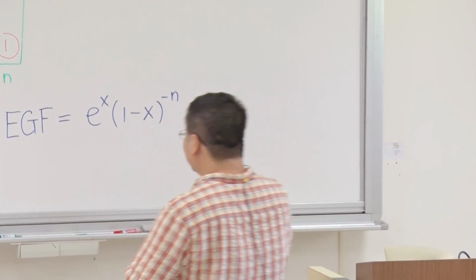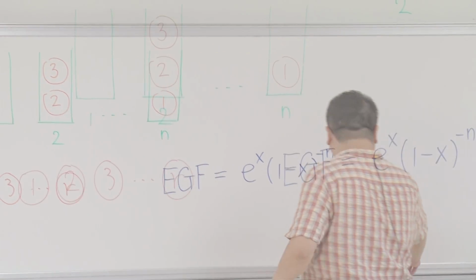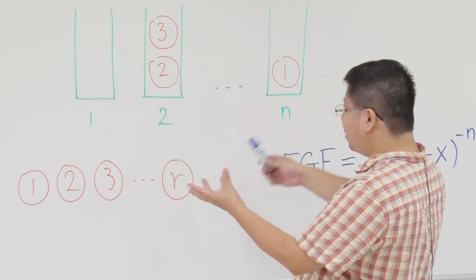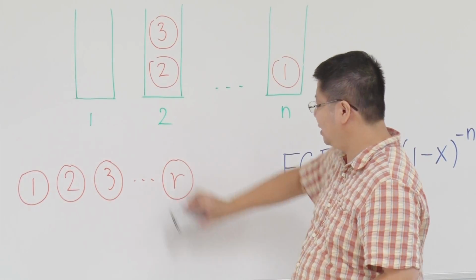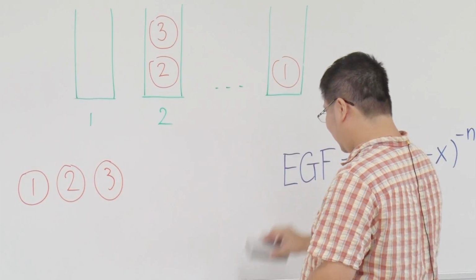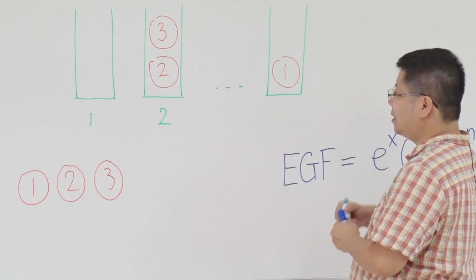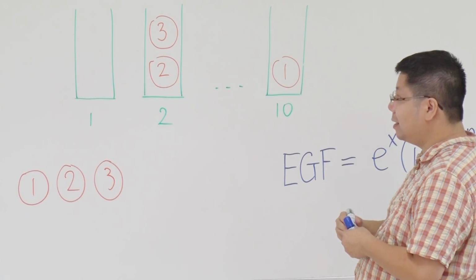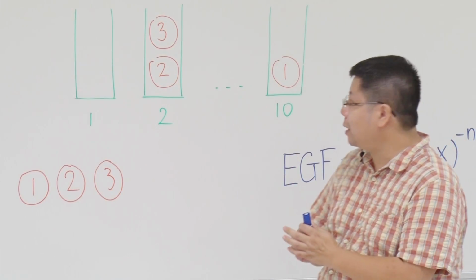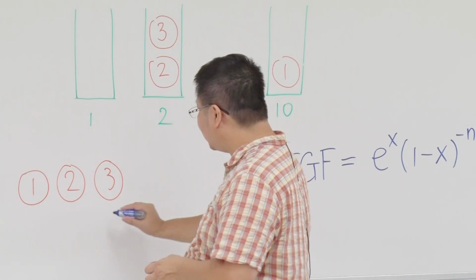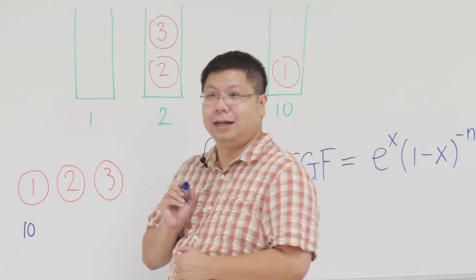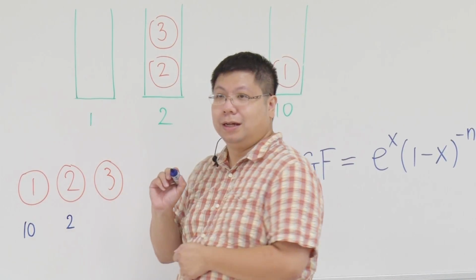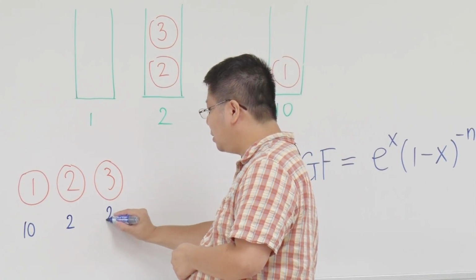So for instance, in this scenario, let's say we just have 3 balls, and let's say there are 10 bins. Let's say n is equal to 10. Then I will write down, okay, 1 has digit 10. 2 has digit 2. And 3 also has digit 2.